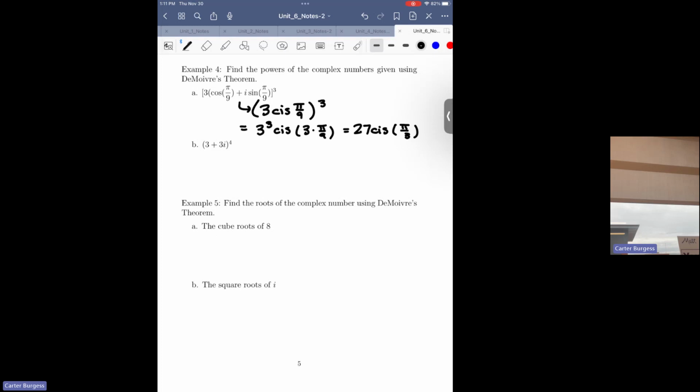This looks good for the new R. There's 3 to the power 4 is 81, and then root 2 to the power 4.